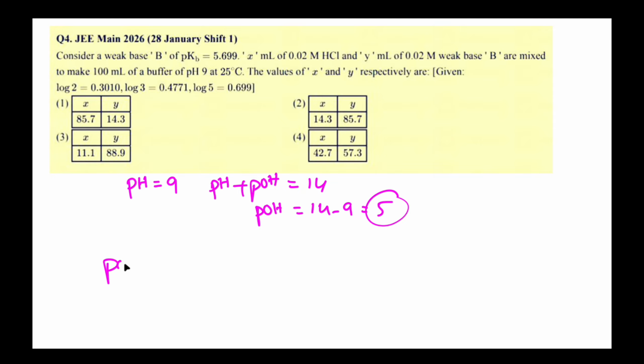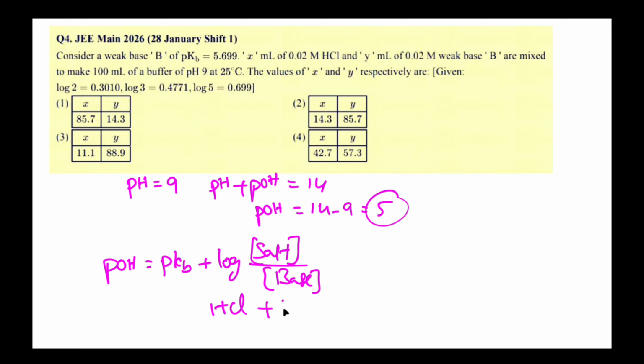For a basic buffer solution, the formula is pOH is equal to pKb plus log of salt concentration by base concentration. The reaction between a strong acid and a weak base gives BH+Cl-.